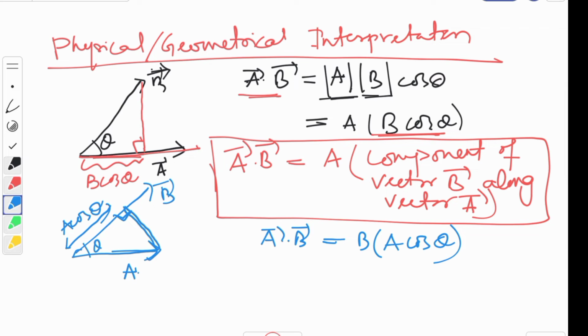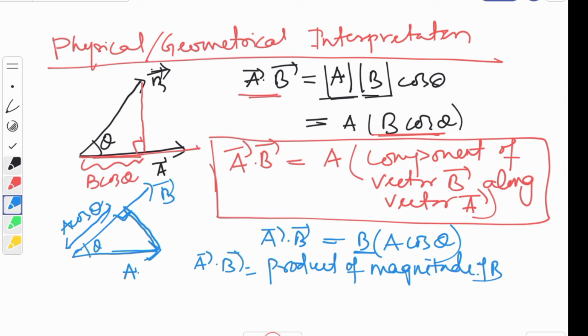So we can write A dot B as the product of the magnitude of B, this is magnitude only, with what? Tell me.